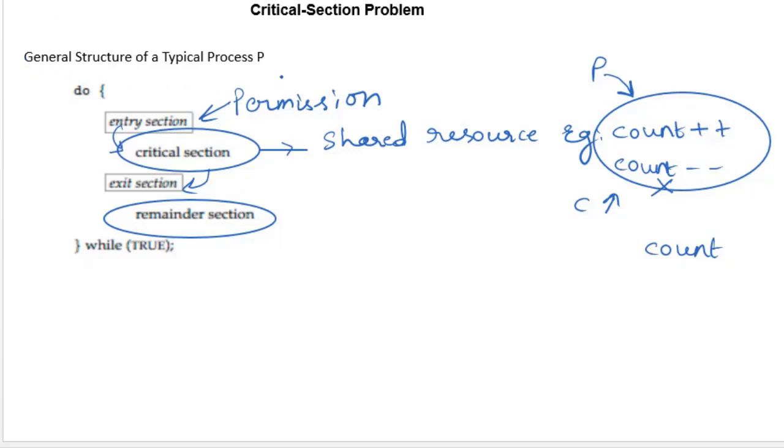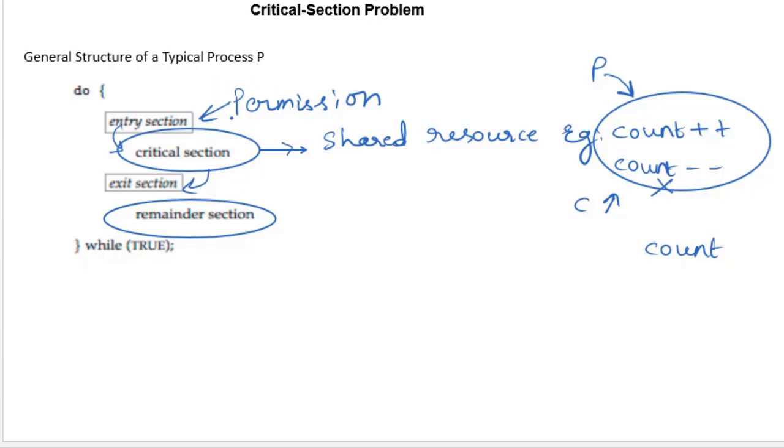This is a general structure of a typical process. Each cooperating process will have a portion of the code which is a protected section of our code. This is called as critical section. And normally we will write such a code in critical section which will try to manipulate the shared resource.